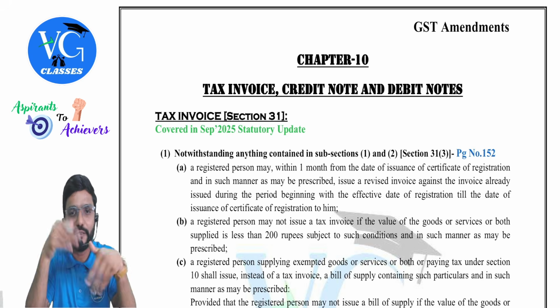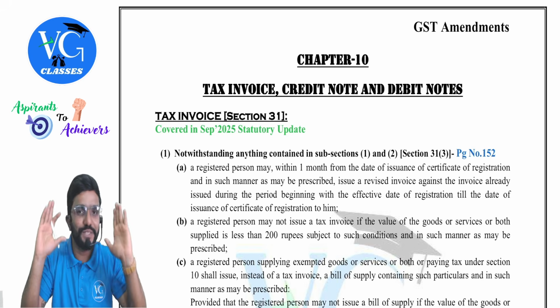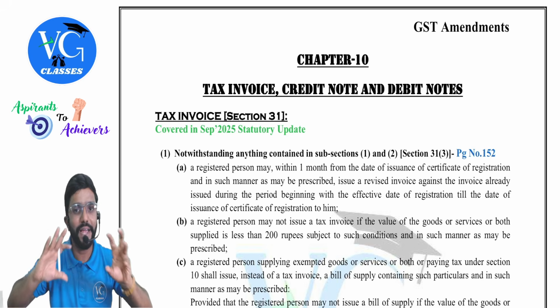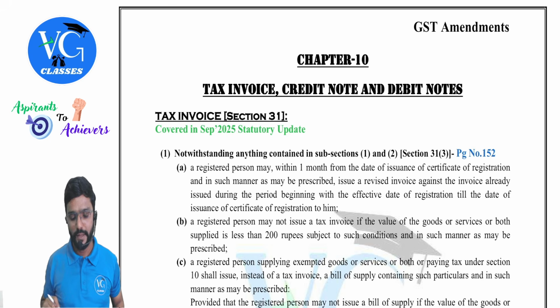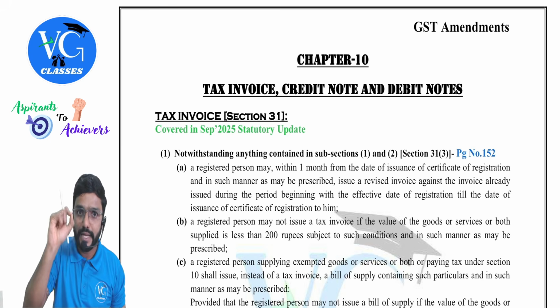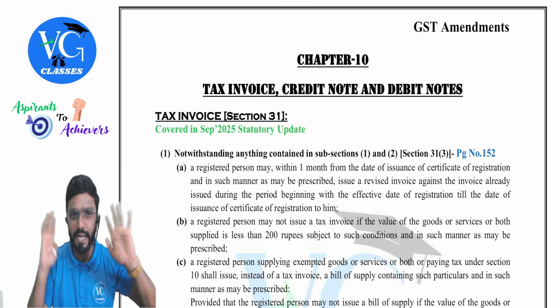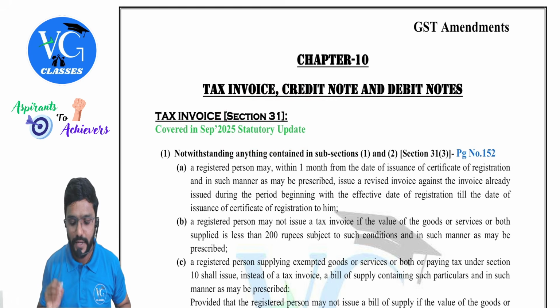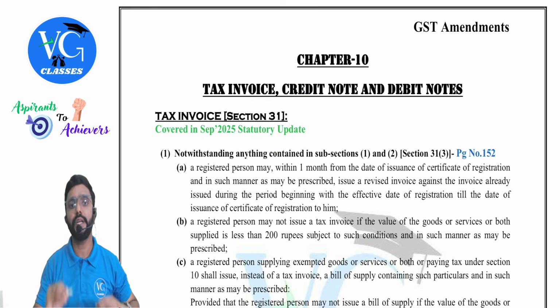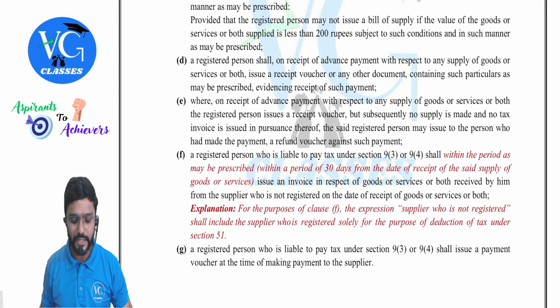If I combine both in one video, students will get confused. But whatever I have covered in the statutory update video, I am just giving some reference, as there is a connection. There was an amendment in section 31 subsection 3 clause F.